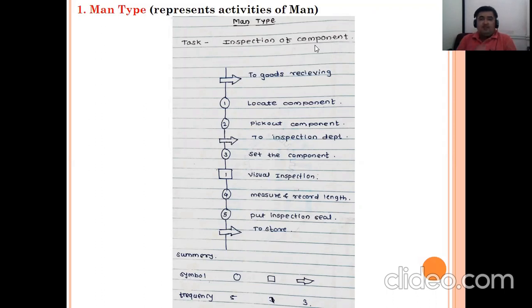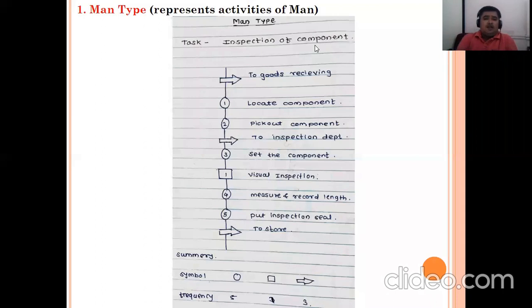Sometimes we can keep the component in one direction only. If space is there, you can place, let's say, 10 components. But from the 10 components, you cannot measure all the components at the same time.